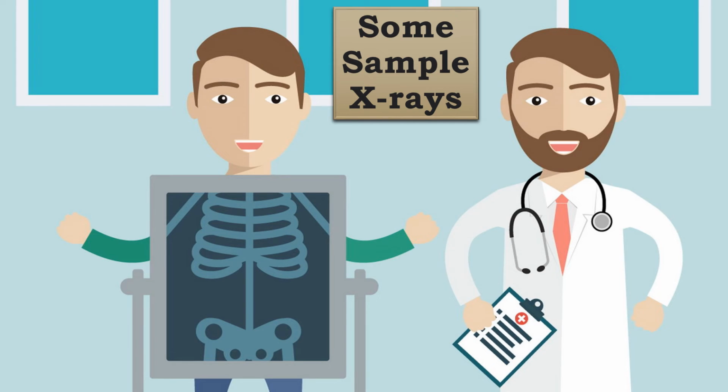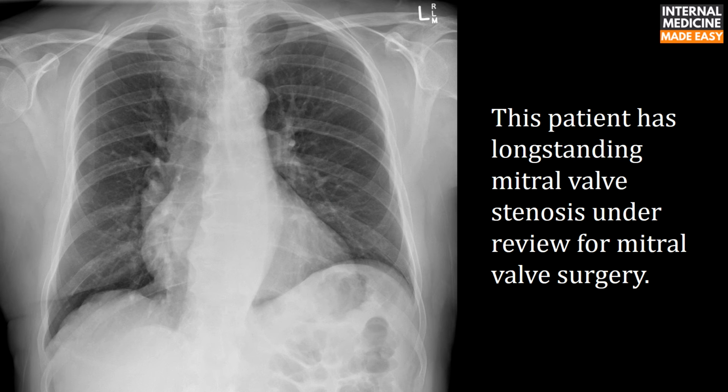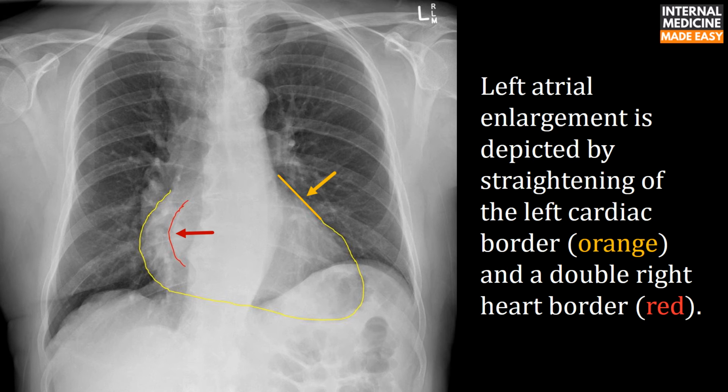Now we will see some sample X-rays. This patient has long-standing mitral valve stenosis under review for mitral valve surgery. Left atrial enlargement is depicted by straightening of the left cardiac border, which is shown with orange color, and a double right heart border, which is shown with red color.